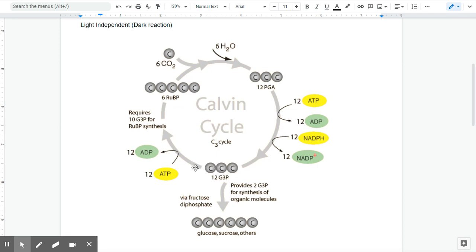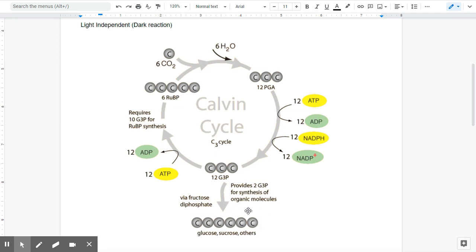It has to keep going through these reactions of sapping ATP of its extra energy, making it into ADP, to slap these carbons together until we get 6 carbons, or 6 carbon dioxide molecules pushed together. And those 6 together make glucose and sucrose and other forms of sugar.